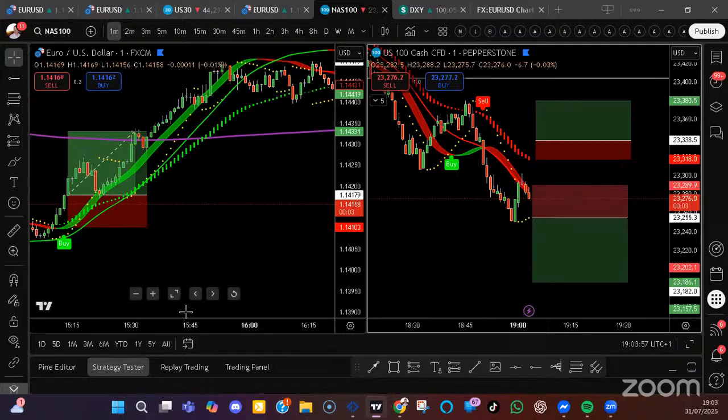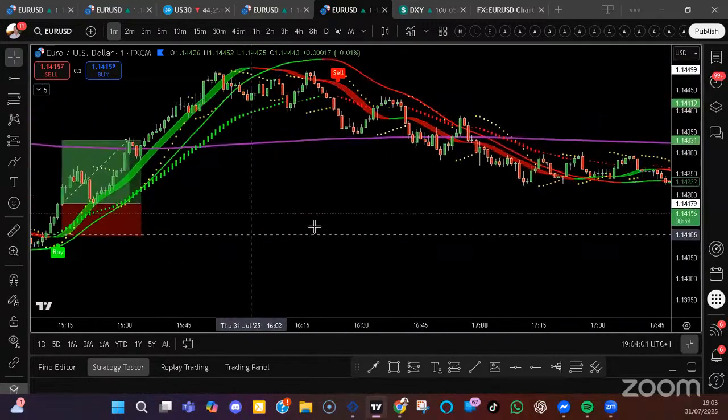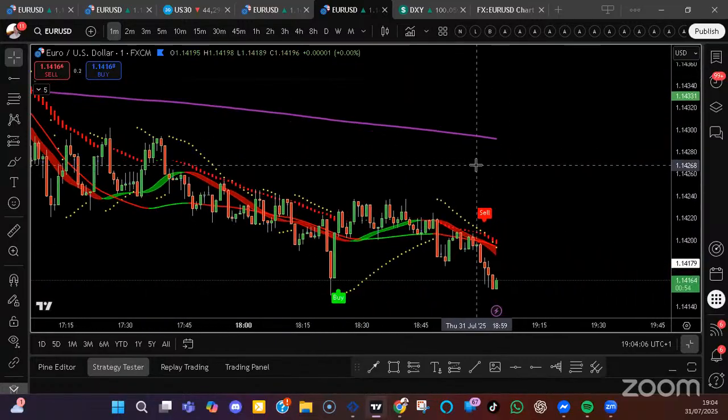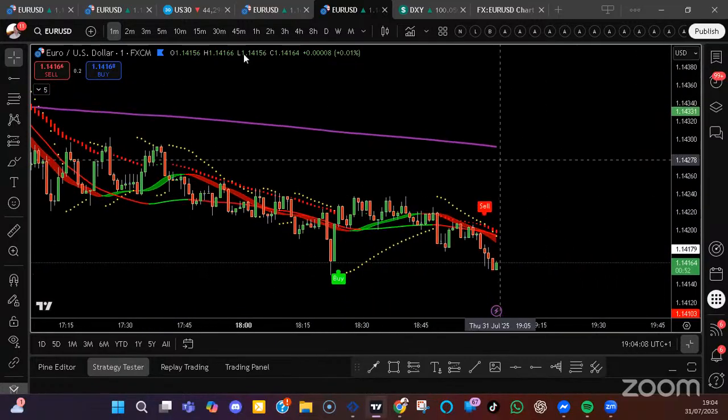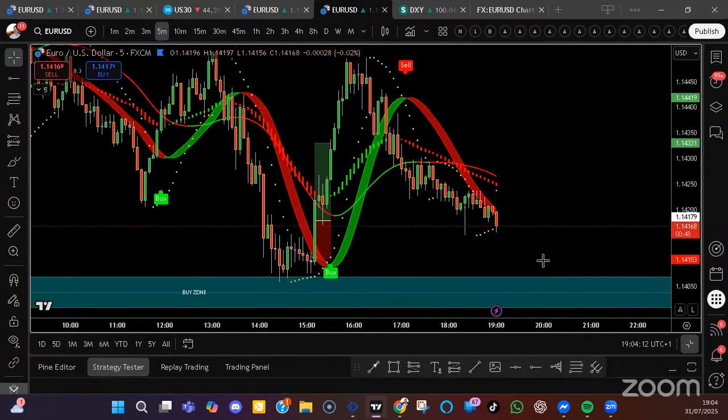Let's have a look on the EUR USD. Out of the two, I'd much prefer the NAS100 because the EUR USD is... see, we've got a buy, that buy zone still active down there.